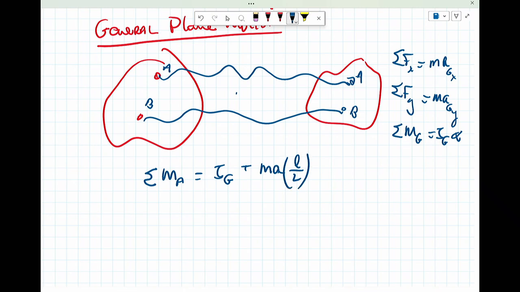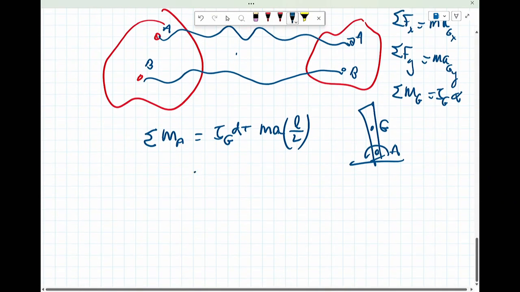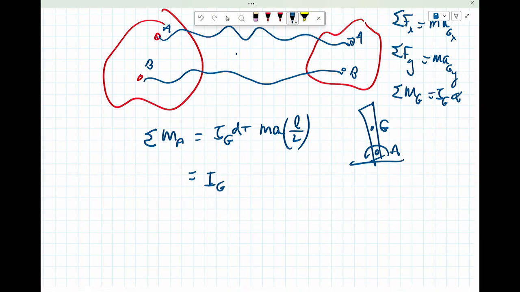So say, for example, I'm just looking at a case like this, A and G, that's what I would get. So I don't have to look at the translational component in that case. I can shift it all to A, and I look entirely at a rotation. And all I'm doing here is just adding that term. So it ends up being equal to I_G plus m times L over 2.